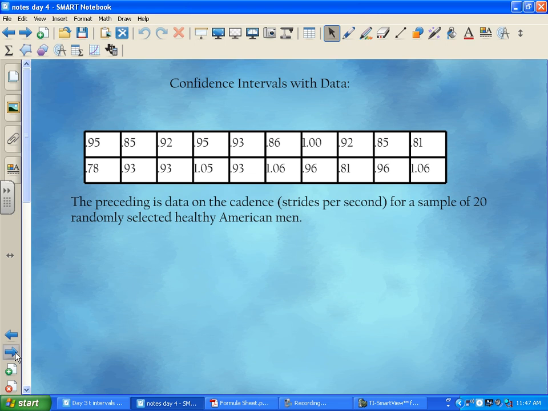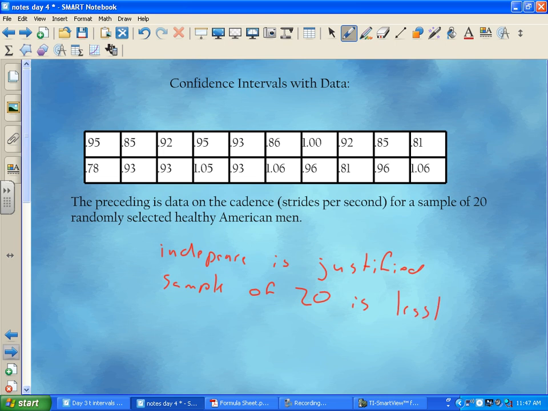So again, if I'm talking about my requirements, we now need to say independence is justified. Sample of 20 is less than 10% of the population.